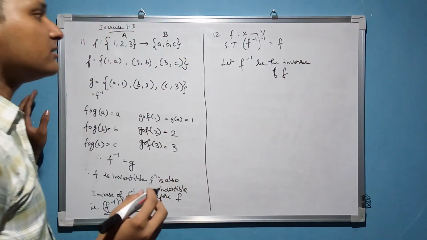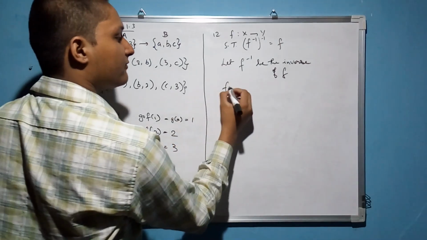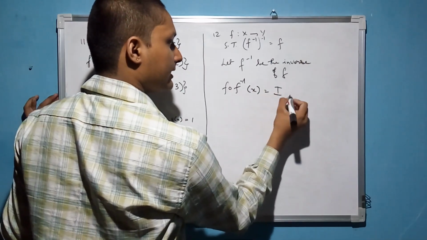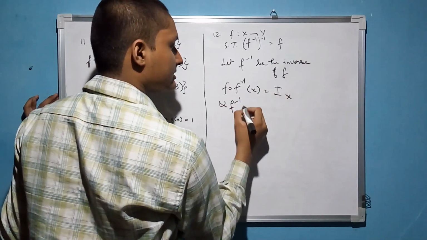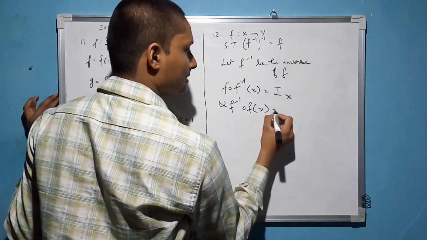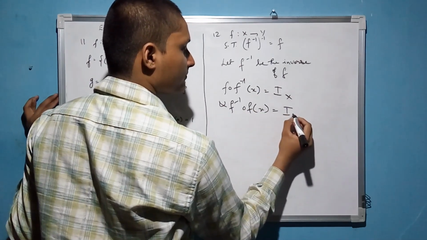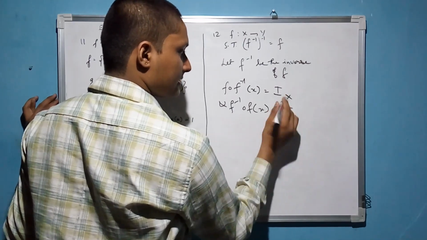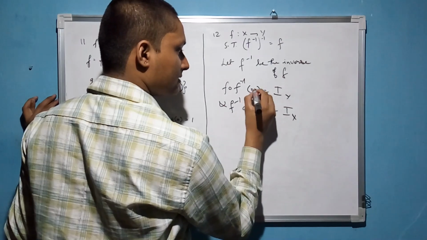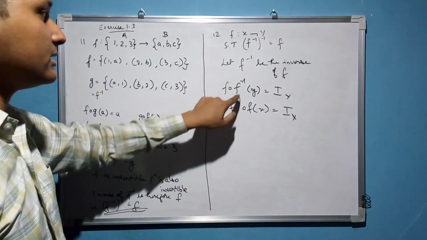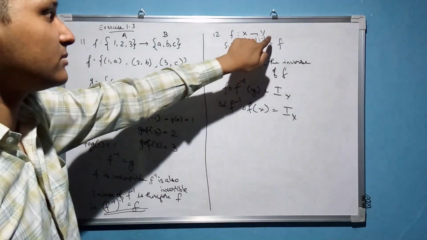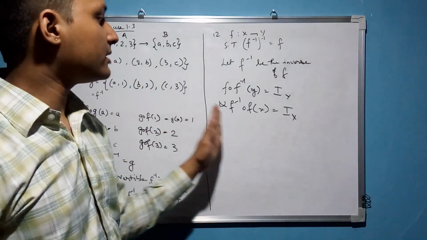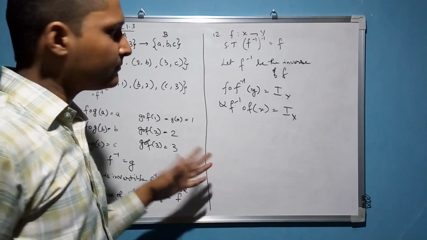So what do you mean here? f dot f inverse of x is equal to I_x, and f inverse dot f of x is equal to I_y. Sorry, it's the opposite case, I think. Here it is x, and here you will get the y term, because the input of f inverse is from the set Y. So based on this I can say that this is true, right?